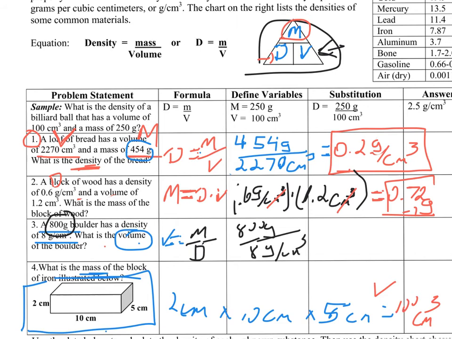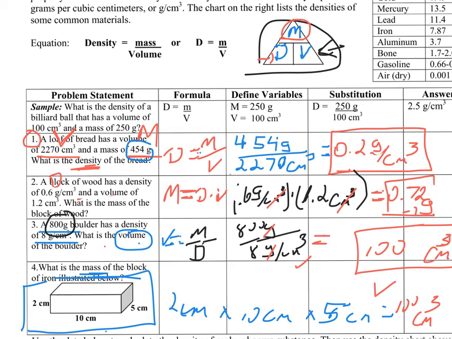So just like the problem above, do we have a unit repeating? Yes, we have the grams and the grams. So what's going to be left is the centimeter cubed. That's going to give us our volume. Clear your calculator, take 800 divided by 8 equals 100. And that's going to be 100 centimeters cubed. This would be your volume.